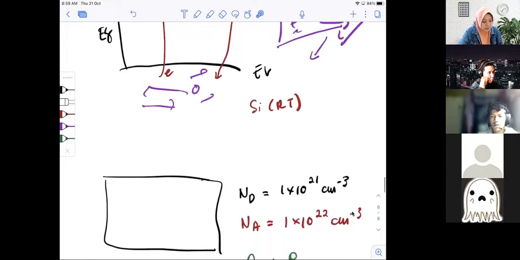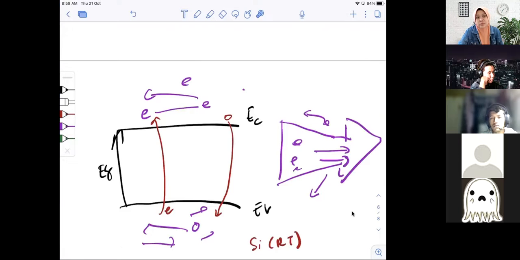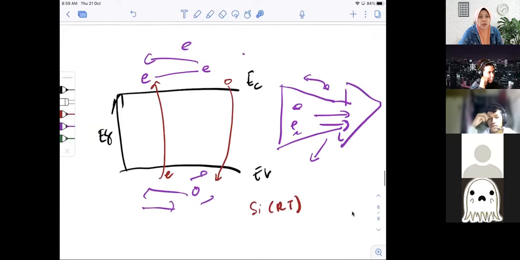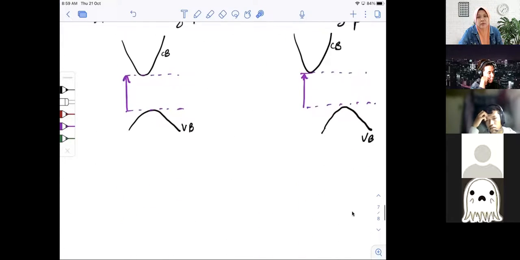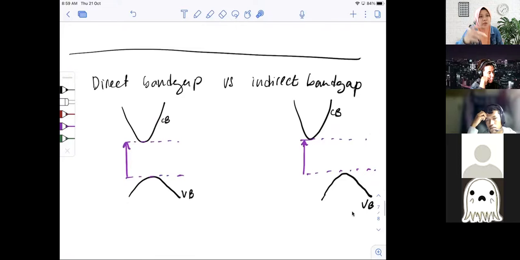From this drawing, we cannot know. We will never know if I give you a drawing like this. How would you know? By looking at the material. You need to Google or find a journal or book on the material. There's a table, you can check whether it's actually direct or indirect band gap.